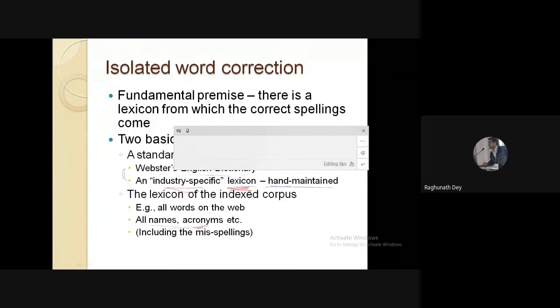Suppose that particular term does not exactly match your corpus, but similar terms or words match. In that case, you can maintain that lexicon because it is handmade by a human being. At that time, you can retrieve some responses which do not exactly match the term; rather, some synonyms or related terms are matched. That is why you provide that posting list to the user end, though the term is misspelled.